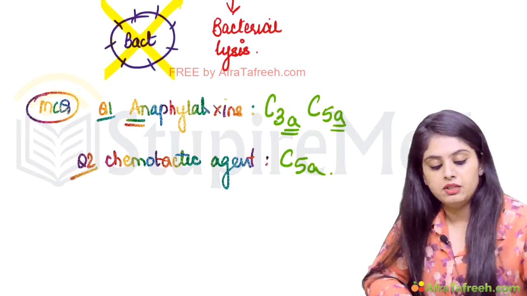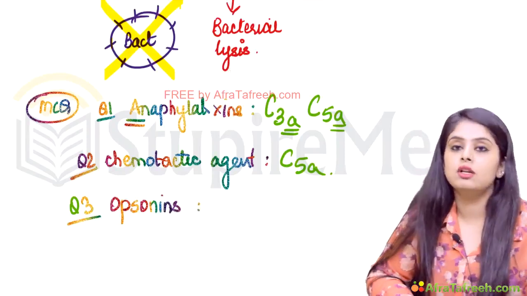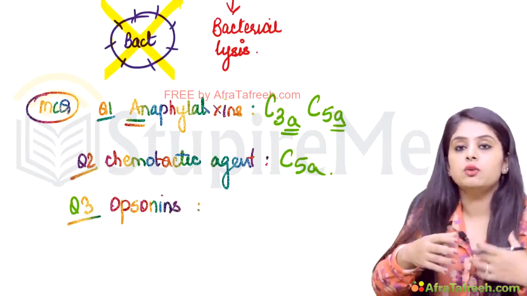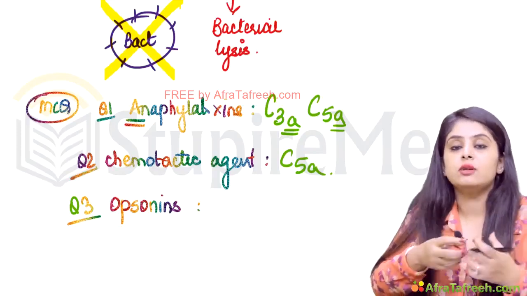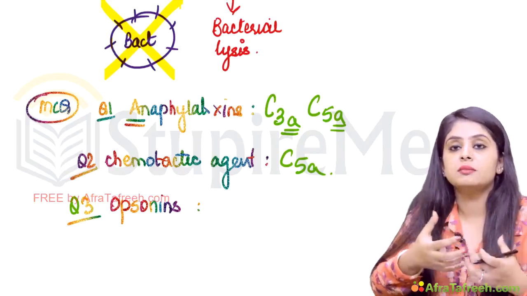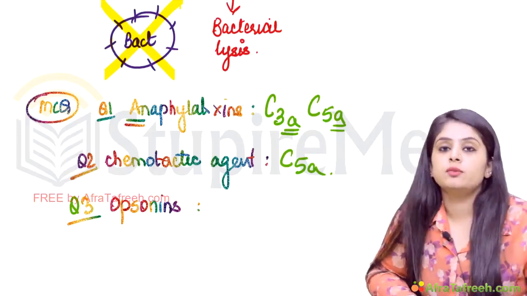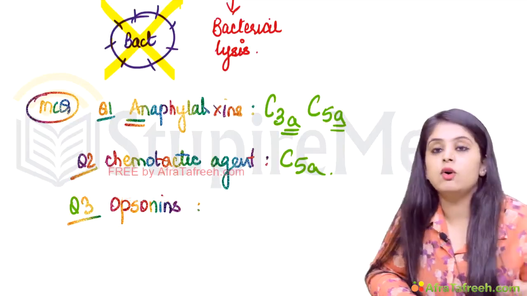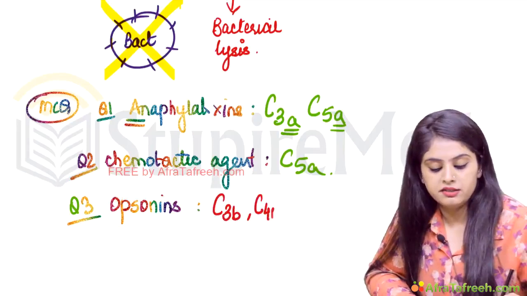Question number 3, also what we have discussed. What are the opsonins present in this pathway? Please recall, the coating of a microbe was by opsonins, a process known as opsonization, that was making the organism tasty for phagocytosis. These opsonins, if you can recall, were all the B molecules like C3b, C4b, C5b.